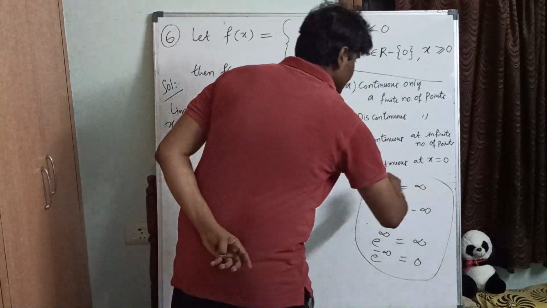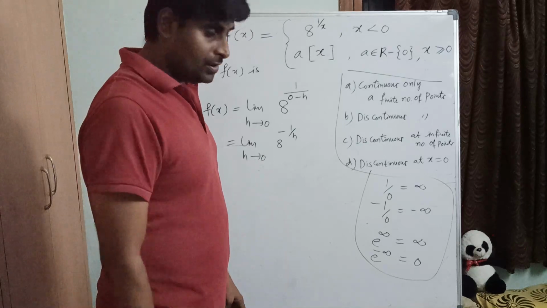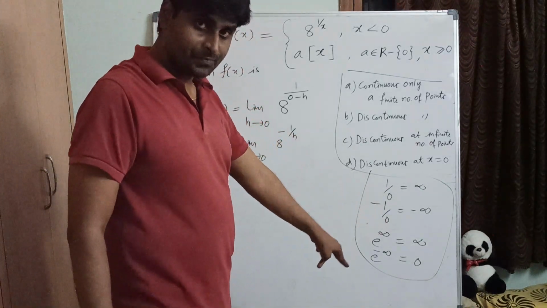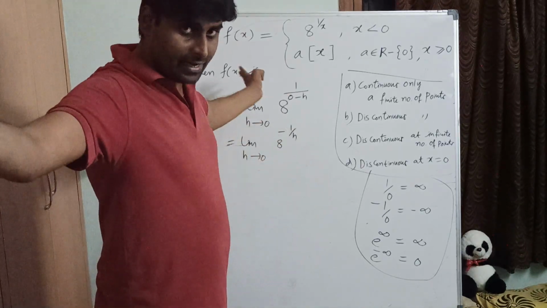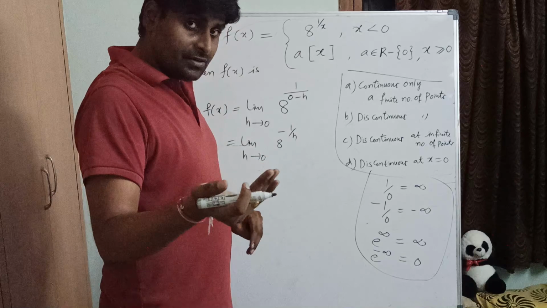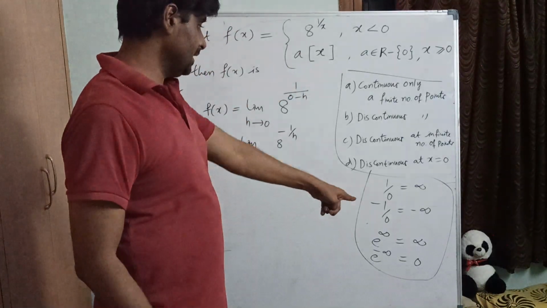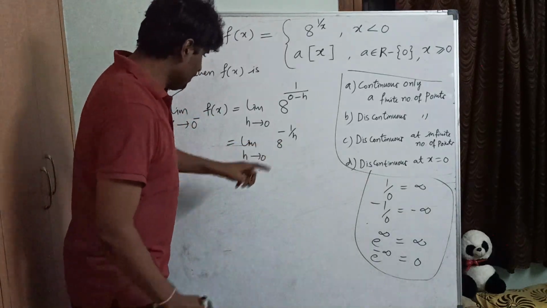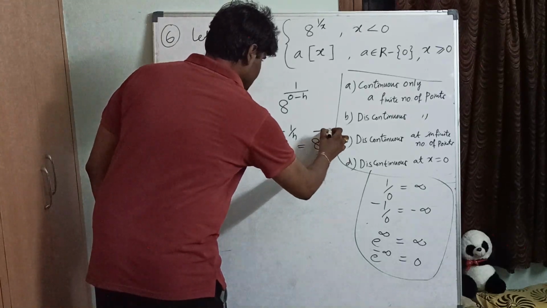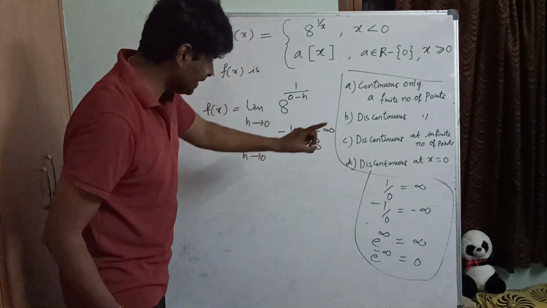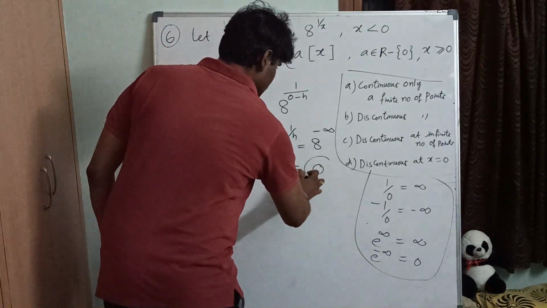These are the important values which you have to know. 1 by 0 is infinity, minus 1 by 0 is minus infinity. e power infinity is infinity, the greatest value. e power minus infinity is 0, because 1 by e power infinity is 1 by infinity, which is 0. Now here, 8 power minus 1 by 0 means 8 power minus infinity, which is 0. So LHL was 0.